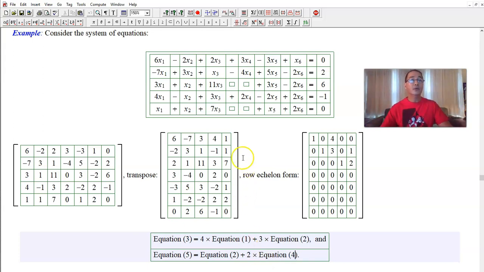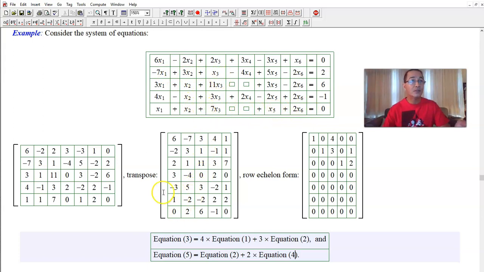Okay, so if we add equation 2 to twice equation 4, we should get equation 5. Let's check. Negative 7, twice of 4 is 8. 8 minus 7, 1. 3, twice of minus 2 is 1. 1, twice of 3, 6, plus 1, we get 7. And so on. So we get the last row is the second row plus 2 times the fourth row.